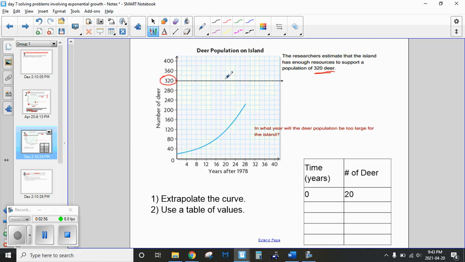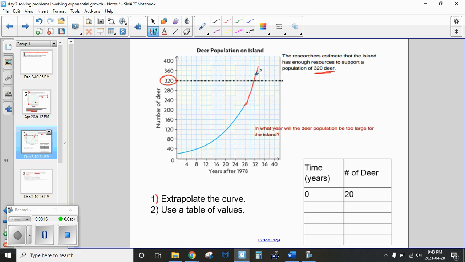So I've added a horizontal line here just so we can see it a little clearer at 320. So that's our target. And strategy number 1, I'm just going to try extrapolating the curve. So it looks like it's this nice smooth growth. I'm just going to extend it.